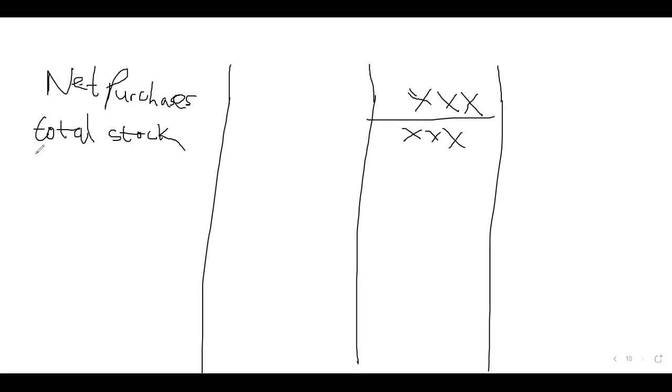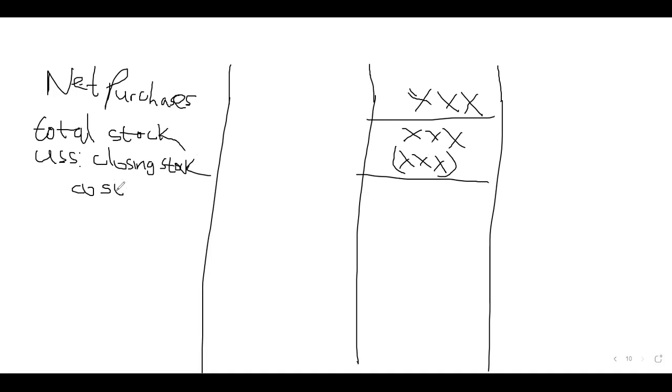Then less closing stock. Okay, so with our closing stock, we are going to have what we call the cost of sales. So we're going to have the cost of sales.